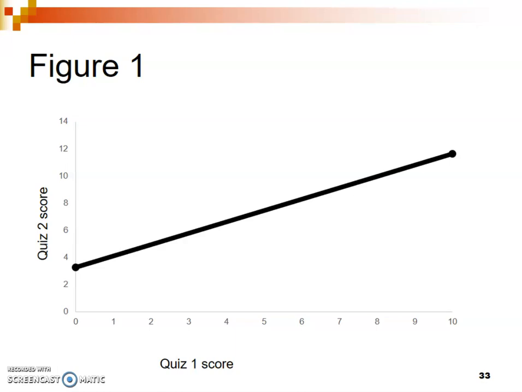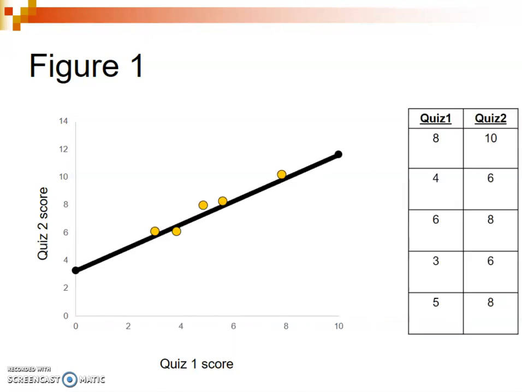If we were to take our actual data and put it onto this graph, you'll see these were each the quiz 1 score and the quiz 2 score for each of our people in our data set. When we graph somebody's quiz 1 and quiz 2 score onto this graph, we'll see that all of those data points are fairly close to that regression line.